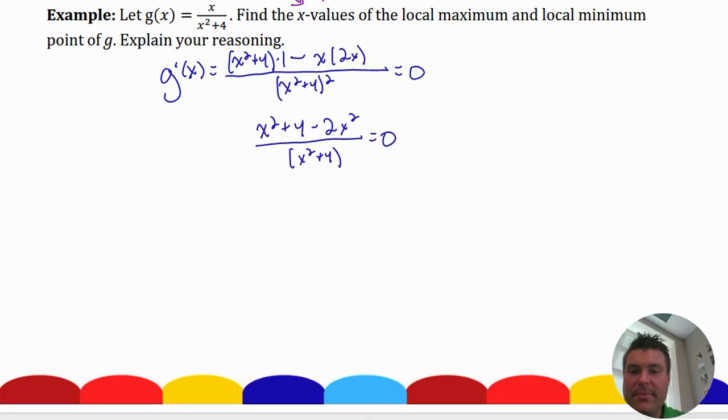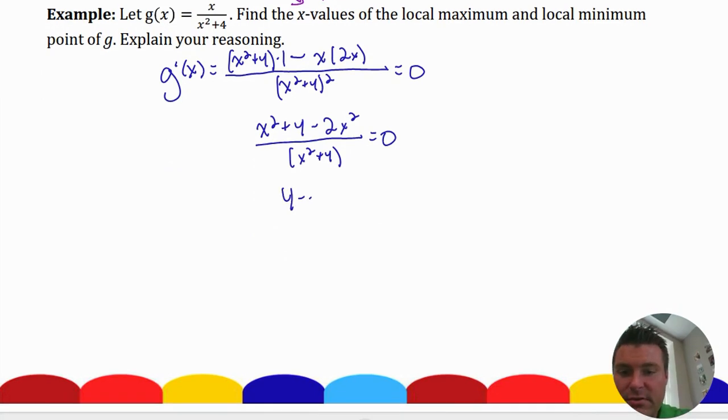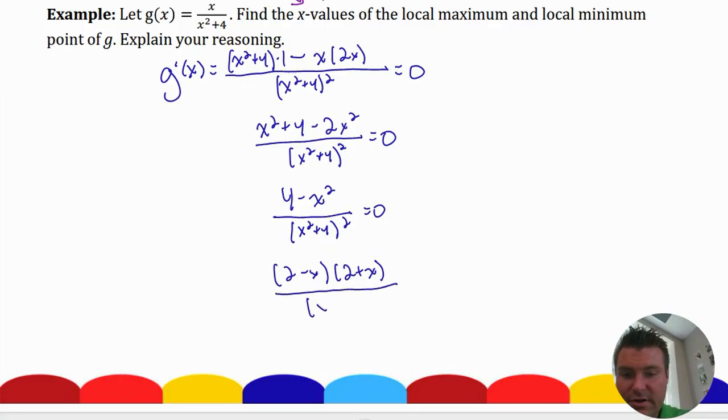Clean this numerator up: I'm going to get 4 minus x squared over x squared plus 4 all squared, which on the top is going to give me 2 minus x times 2 plus x, all over x squared plus 4 squared. So critical points: when I set this equal to 0, the bottom will never equal 0, so that is totally fine. The top will equal 0 at plus and minus 2.